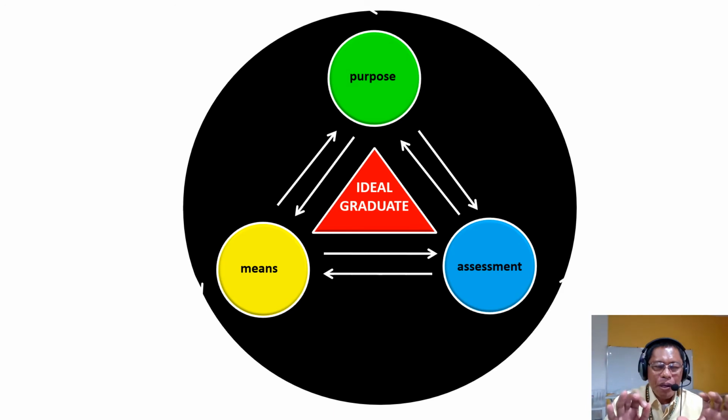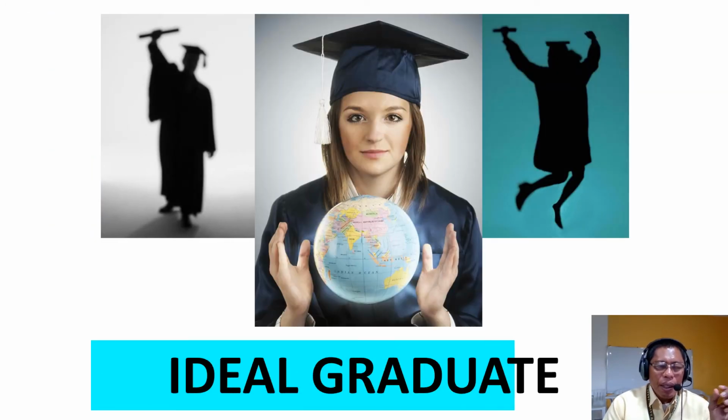Now, the purpose, the means, and the assessment, and the interplay, the interaction among them has one purpose: to produce the ideal graduate. Yung nasa gitna, triangle. To produce the ideal graduate. Sino naman or ano naman itong ideal graduate? In terms of program objectives, halimbawa, BA-Ed, may objectives yan yung BA-Ed as a program. So yung ideal graduate of BA-Ed is a graduate who has internalized all the stated objectives of the program.